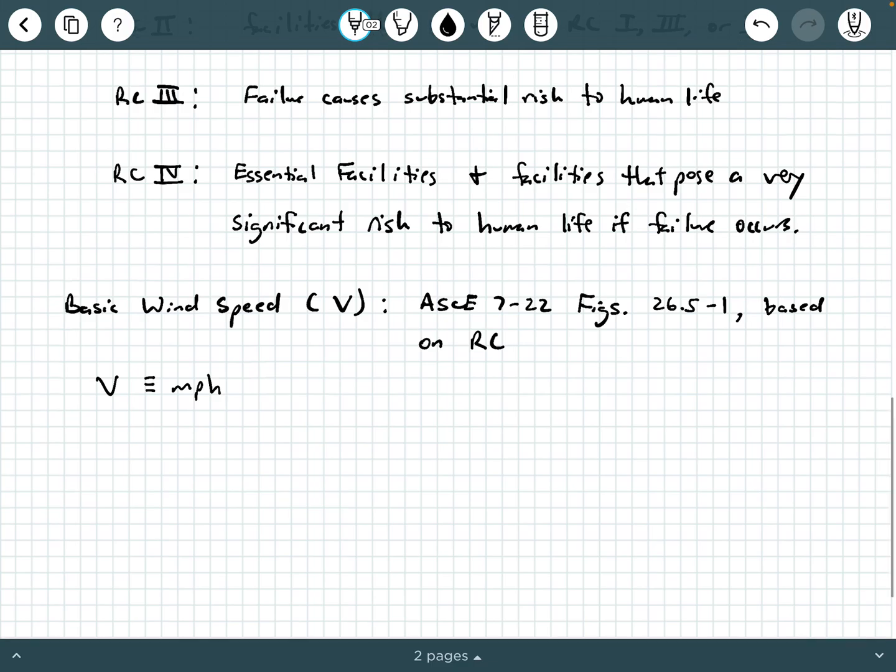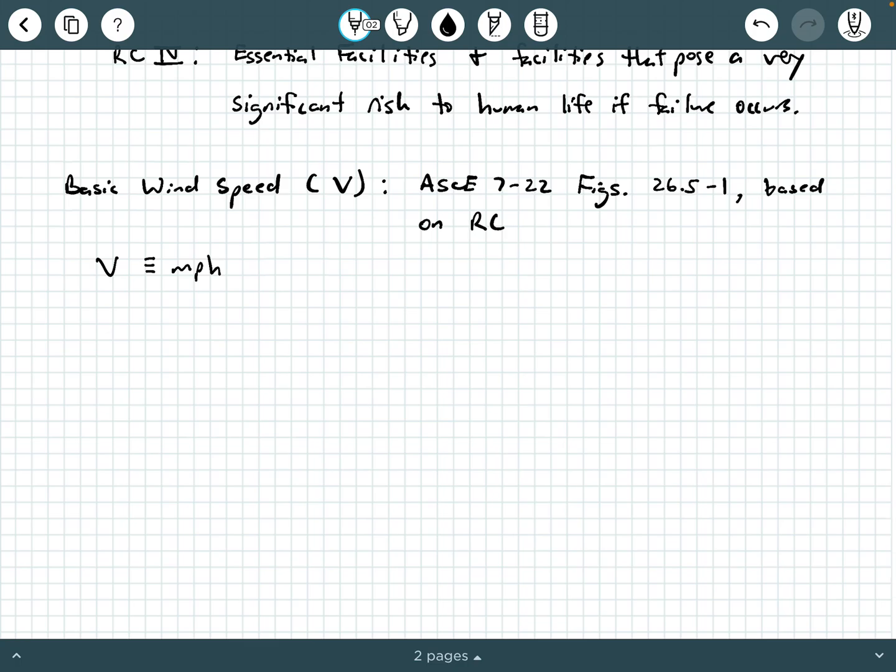The next important definition of vocabulary we're going to talk about is what's called the surface roughness category. Okay, so let's write that down. Surface roughness categories.